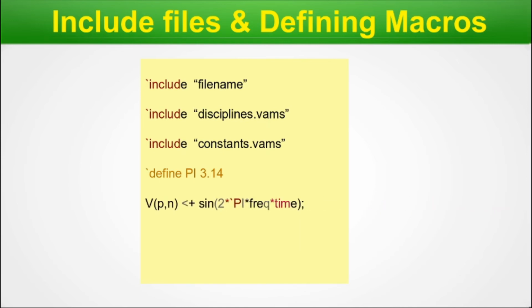Then this is the example: in this contribution statement, on the right-hand side we have pi, sorry for the discolor thing. Before execution we obviously do compilation and elaboration, and at that stage this pi will be replaced by 3.14 in the actual equation.